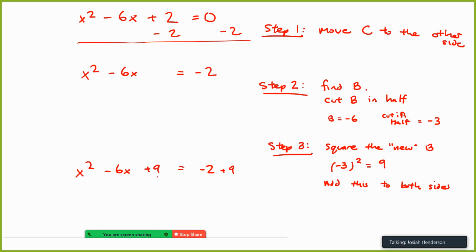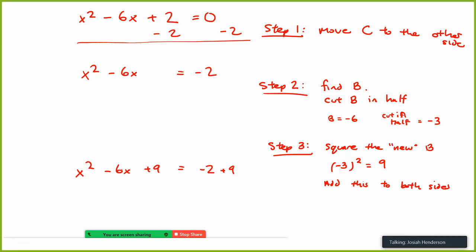Now, on the left, we've got this new quadratic. See that? We've got x squared minus 6x plus 9. We went through the process in step 2 and step 3 to find what number we were going to use here. It turns out it's 9. It will be different every time. On the right side, we can actually simplify those. We can combine them, add them together.